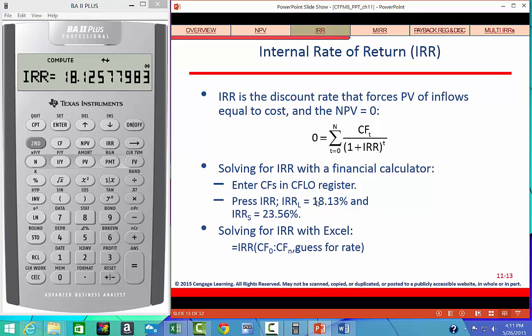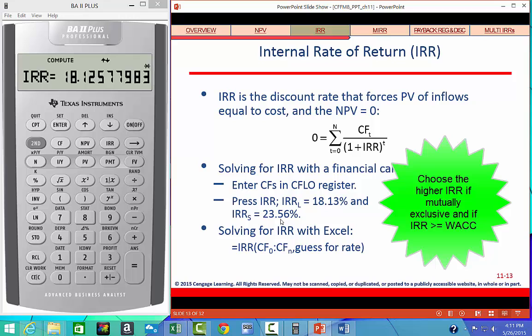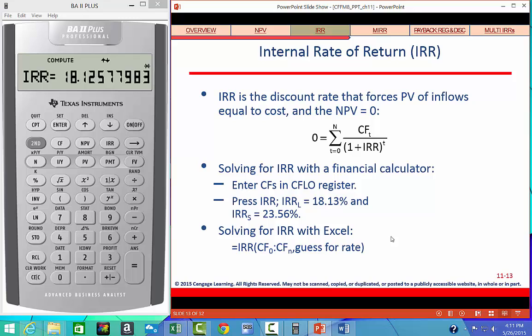And if the IRRs are greater than the weighted average cost of capital and they're independent projects, then we would accept both of these because 18% and 23% are greater than 10%. If these were mutually exclusive projects where I have to choose one of the two, then I would choose project S because its IRR is greater than the IRR for L. And if you got an IRR of like 8% or 7%, we would reject that project because it would be less than 10%.